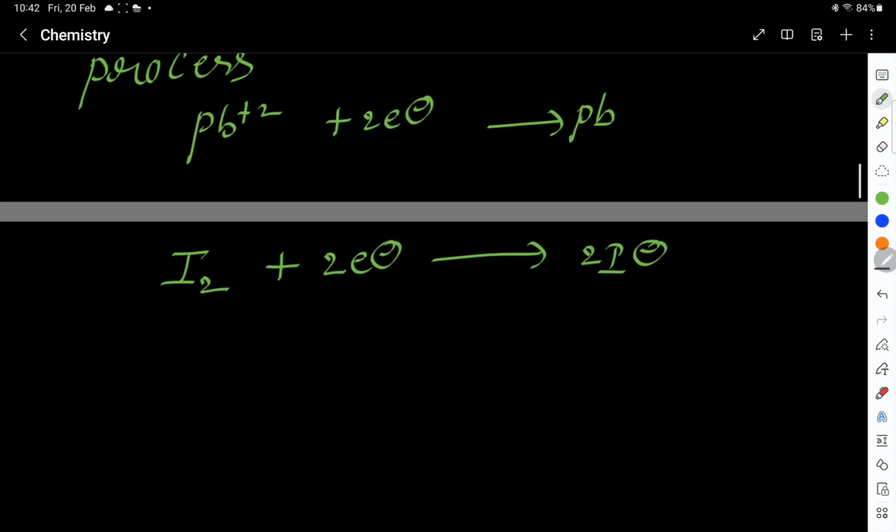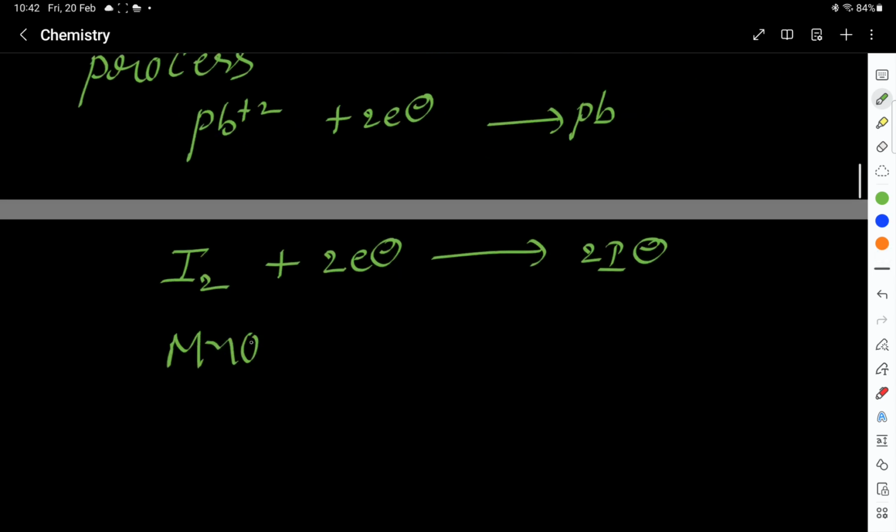If I take MnO4 minus, it is converted to Mn plus 2 by the addition of 5 electrons. This is a proper technical definition of the reduction process.